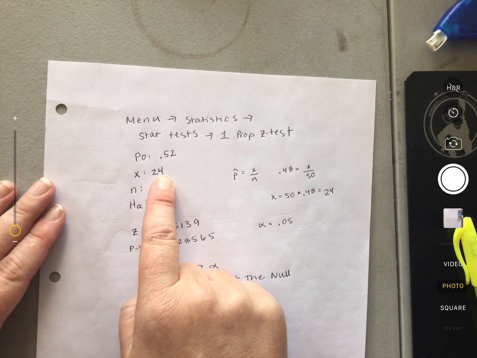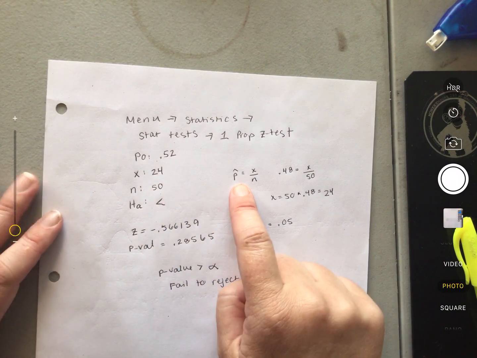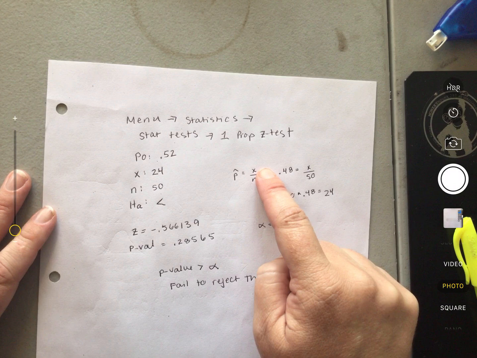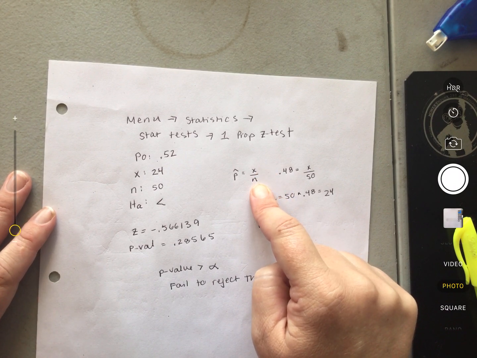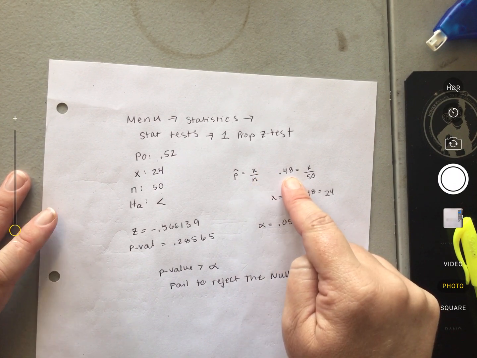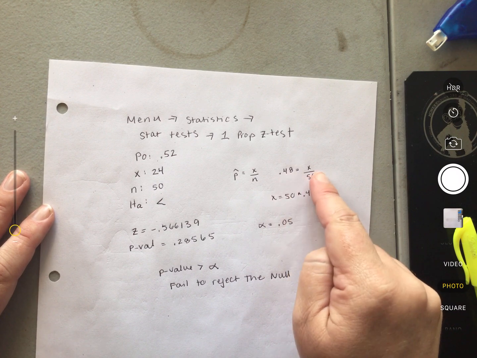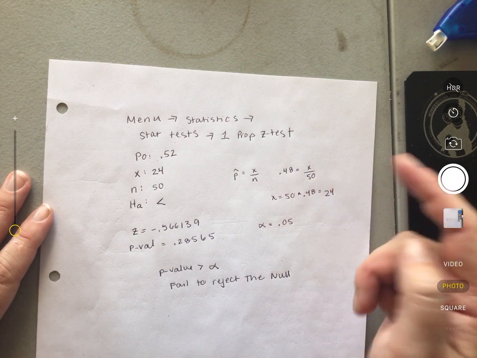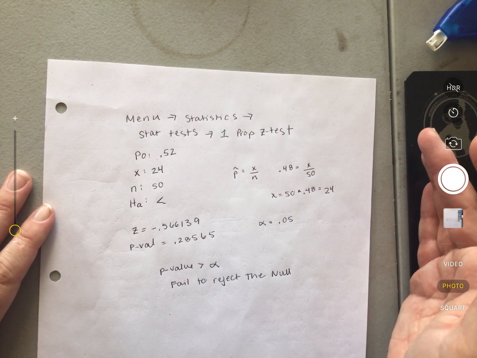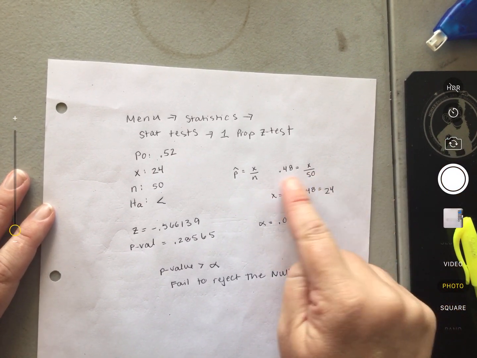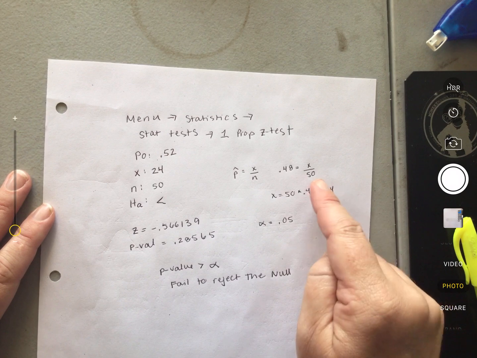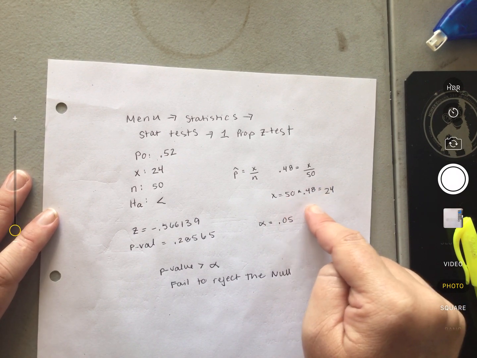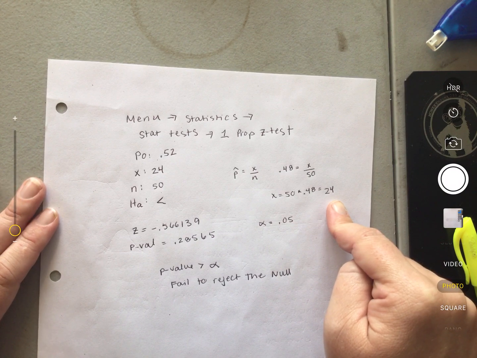Well, we can figure that out easily, because remember, to find p hat, you simply divide x by n, okay? Well, we know p hat was 0.48. We're looking for x, and we know that n is 50. So in order for me to find x, or the number of successes, I would just multiply both sides of this equation by 50. And when I do that, we get 50 times 0.48, and that is 24.